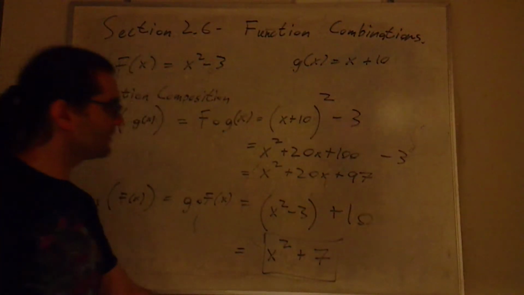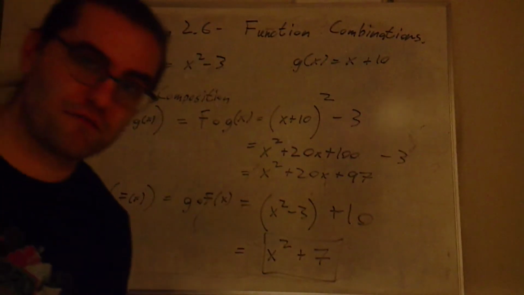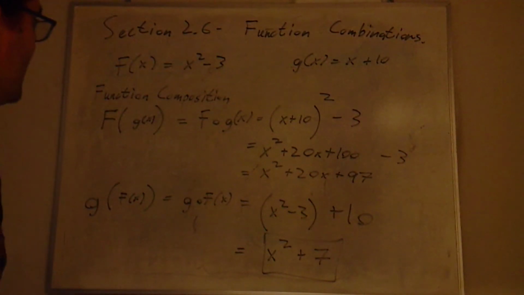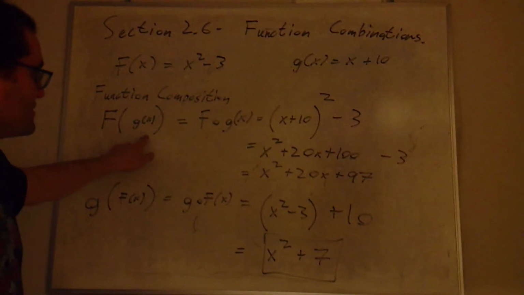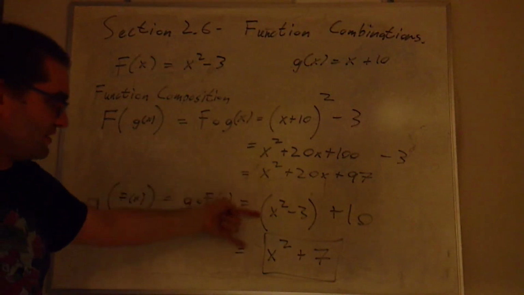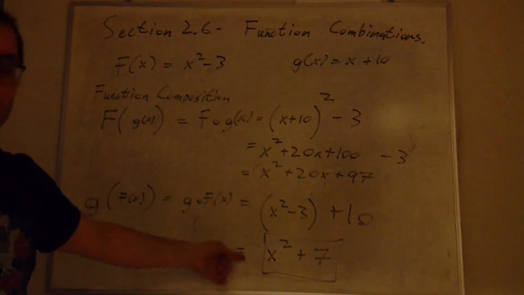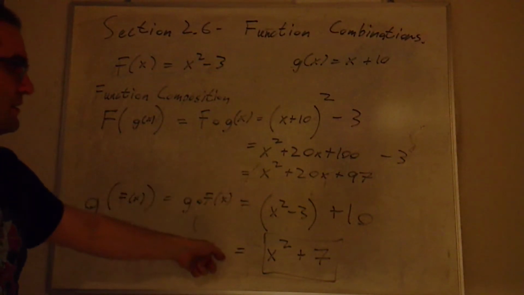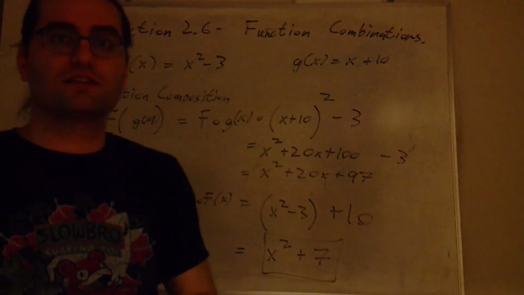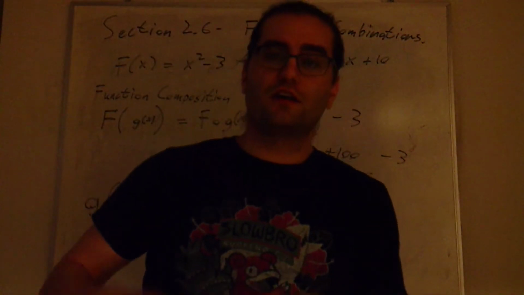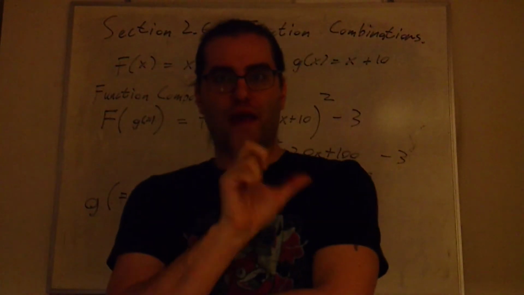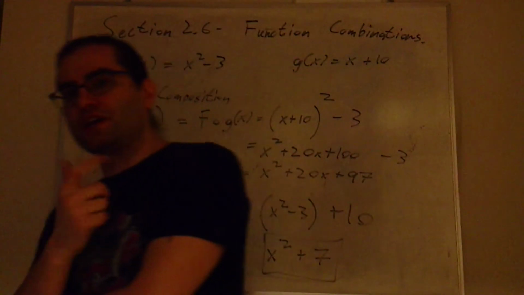That's it. Here's the thing you have to be very careful of in terms of function composition. f of g of x is different from g of f of x. You get very different answers either way. Function composition is not commutative. Commutative is the fancy word we use for operations where the order doesn't matter, like multiplication or addition.